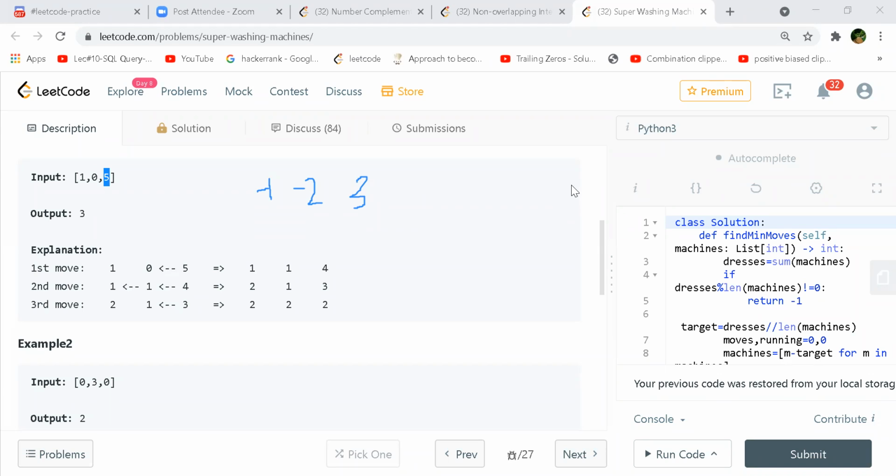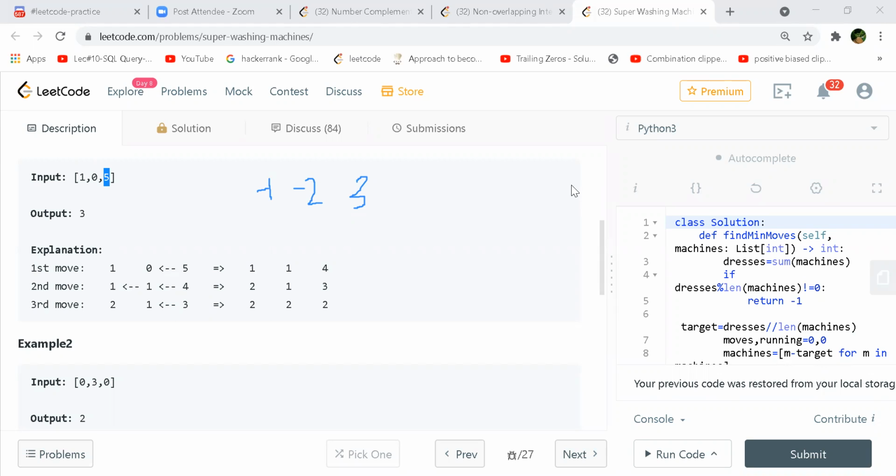And then if you want to find out how we can get the number of moves, that part I'm not very clear on. You said to keep a running sum. So you want to keep a running sum for this one?